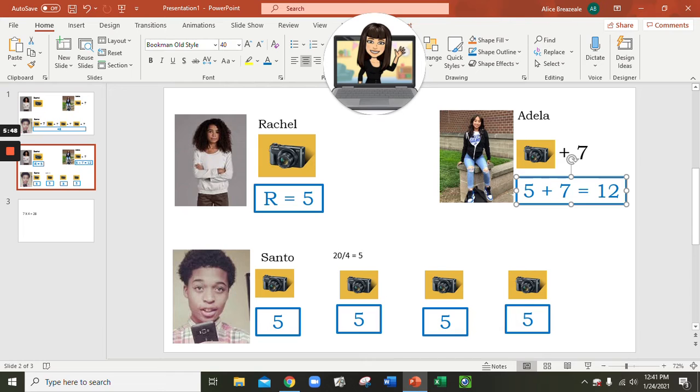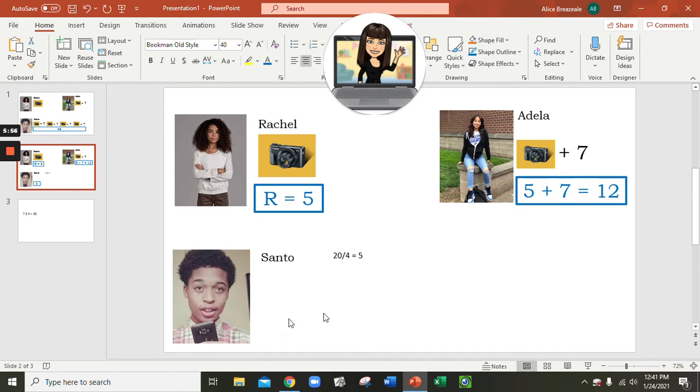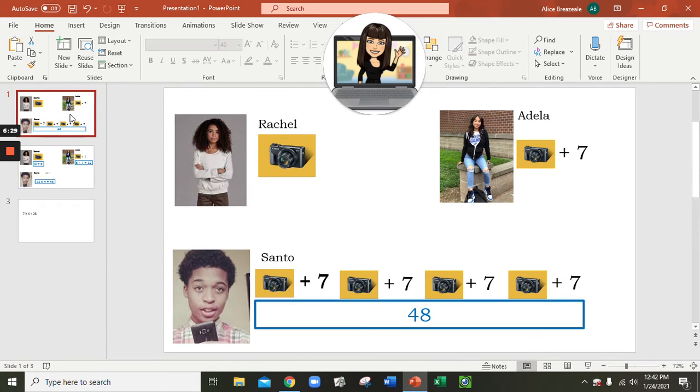And if he took 4 times as many, we just simply say 12 times 4 equals 48, which you see our total here is 48.